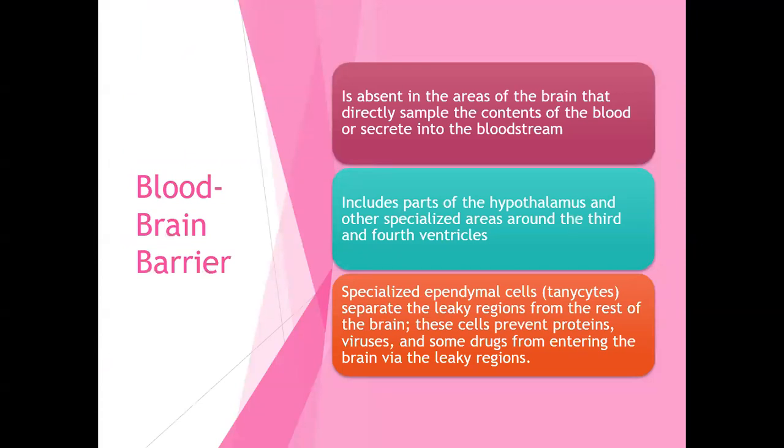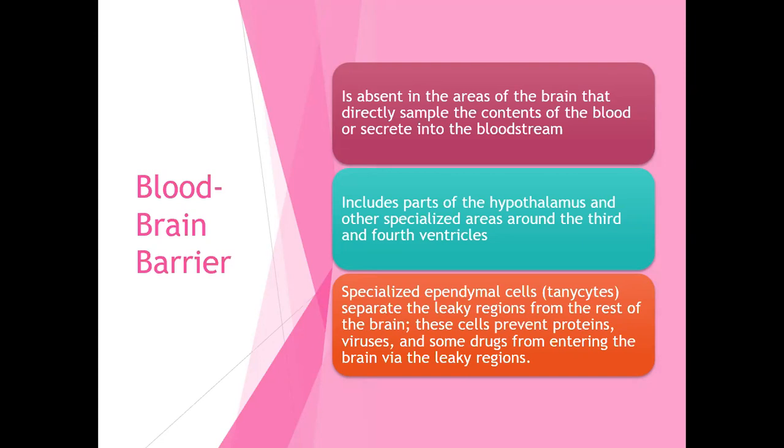The blood-brain barrier is absent in the areas of the brain that directly sample the contents of blood or secrete things into the bloodstream. Like in the hypothalamus, we have sensors that are telling our oxygen level and our CO2 level, so they're directly sampling the contents of the blood. We don't have the blood-brain barrier there because we need to get access to the circulatory system.